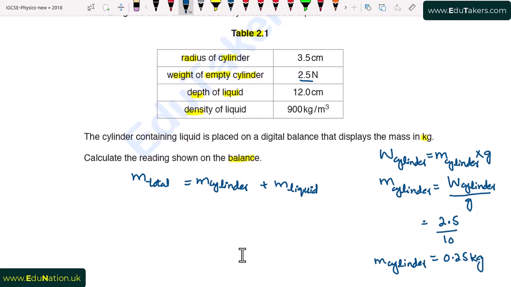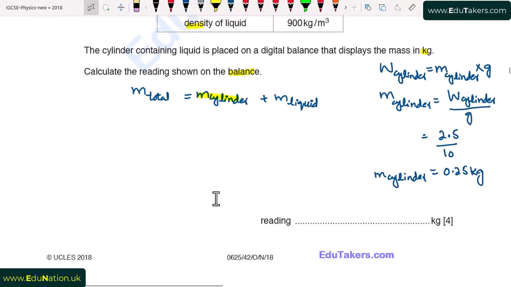Here we have to find out this term, but we also require the mass of the liquid. In order to calculate the mass of the liquid, we use the formula that density is mass per unit volume, because here the density of the liquid is given. So I write here: density is equal to mass per unit volume.